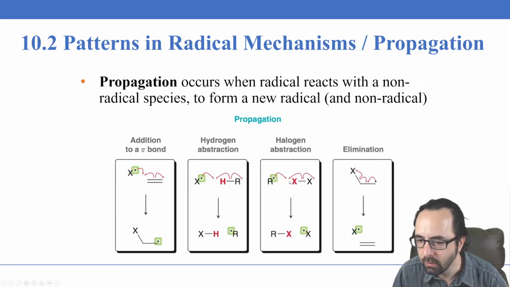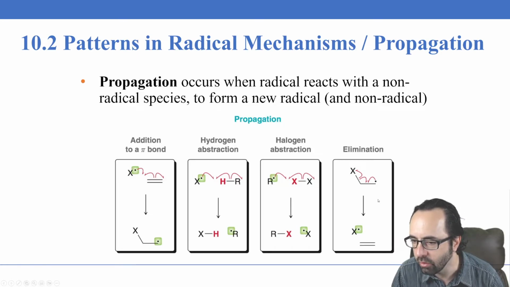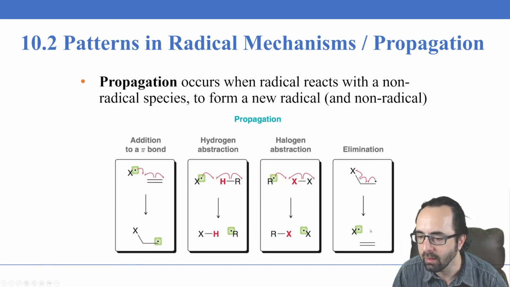Halogen abstraction is the same thing, except abstracting a halogen atom. This is a hydrocarbon radical. You get a bond between the carbon and the halogen, and then you have a halogen radical. And finally, elimination. In elimination, you get this double bond. However, you still have a radical produced from the leaving atom, which is often a halogen atom.